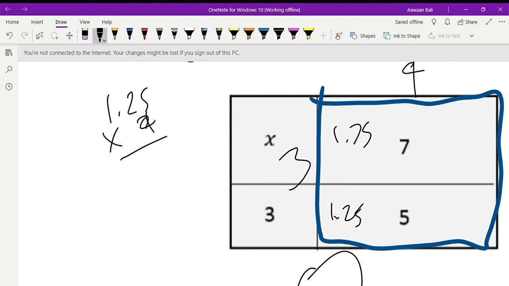Oh, you gotta be wait, 3. Okay. 1.25 is not divisible by 3, which means that's wrong again. Great, like what? Why?